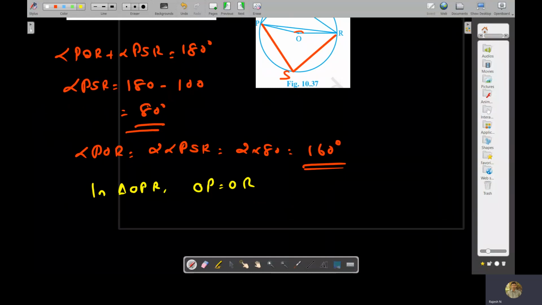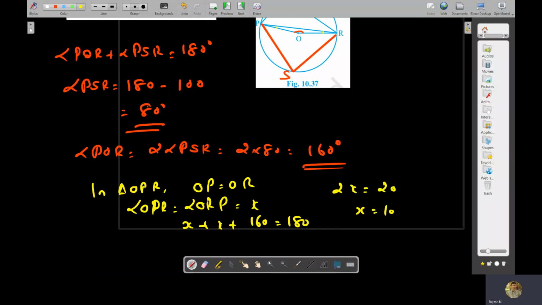So what about these two angles? These two angles are equal. So angle OPR is equal to angle ORP, because if two sides are equal, angles opposite those sides are equal. You take it as X. So X plus X plus angle POR, POR is 160, is equal to 180. Therefore, 2x is equal to 20. X is equal to 10 degree. Therefore, angle OPR is equal to what? 10 degree.